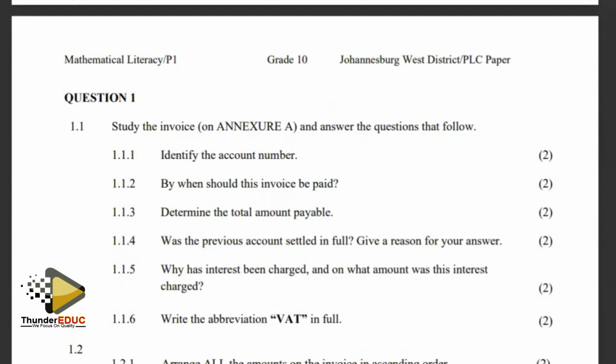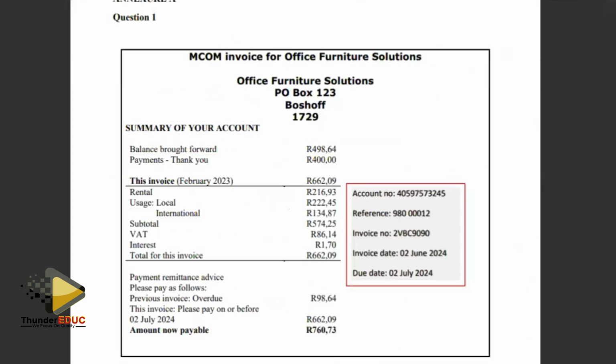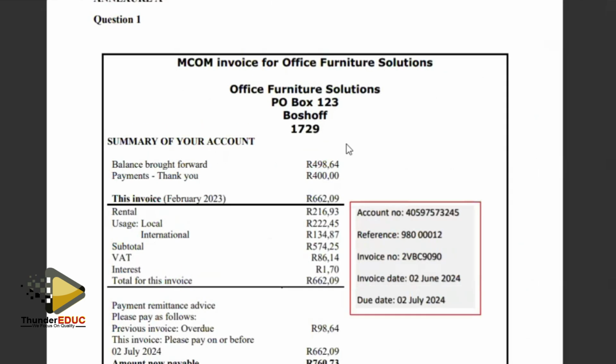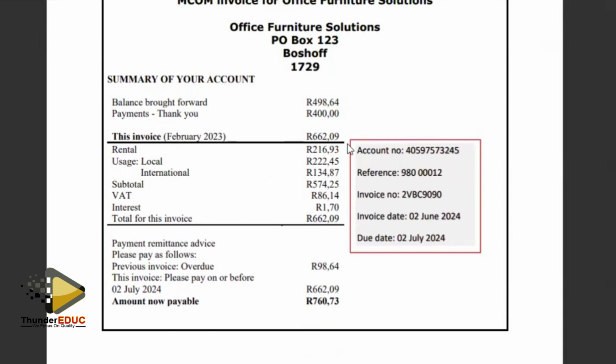Identify the account number. This is Annexure A, and this is how it looks. The account number here was so straightforward.